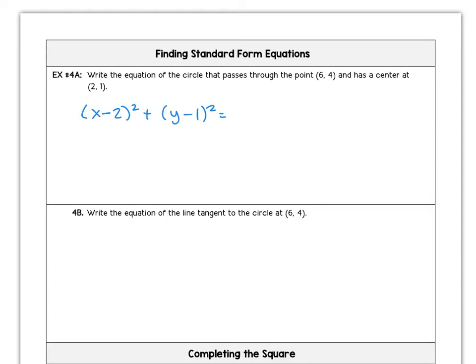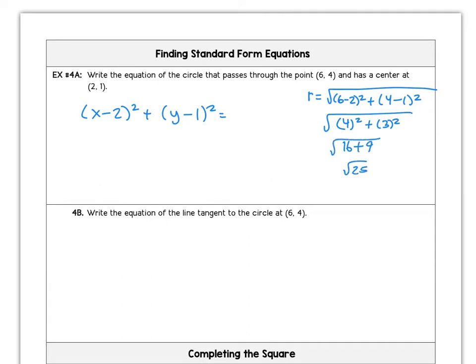Well, if this one's point is there, I know r would be equal to the distance between those 2 points. So 6 minus 2 squared plus 4 minus 1 squared. So that's 4 squared and 3 squared. That's 16 and 9. That's square root of 25. So the radius must be 5. So 5 squared is 25.